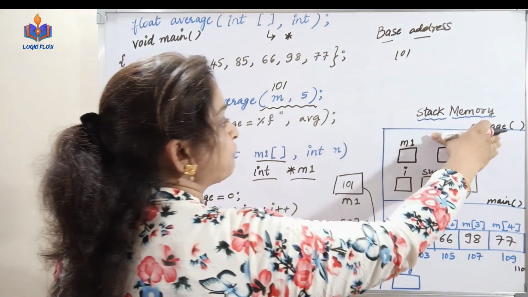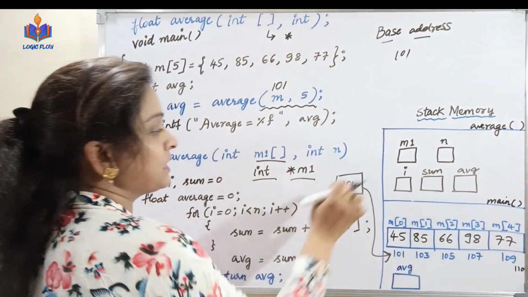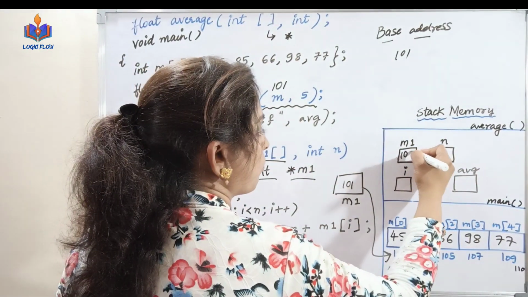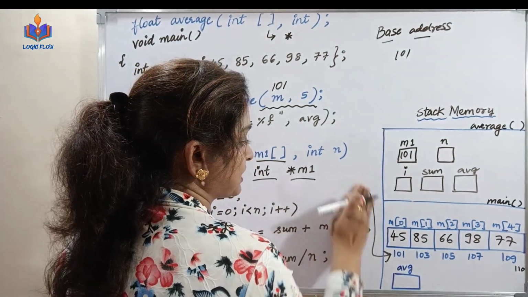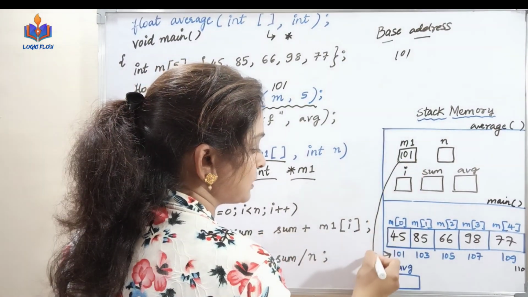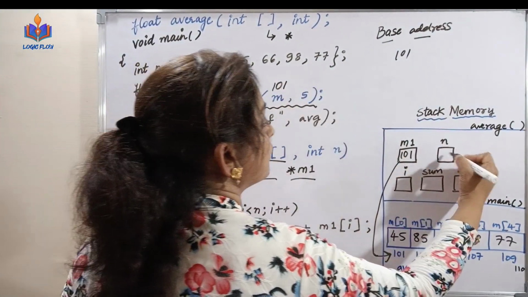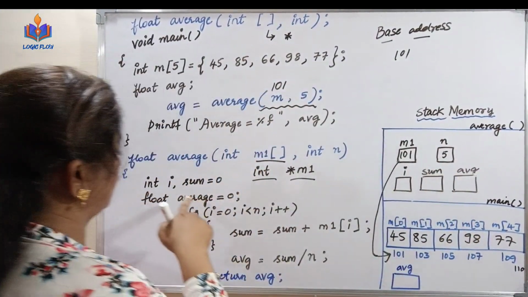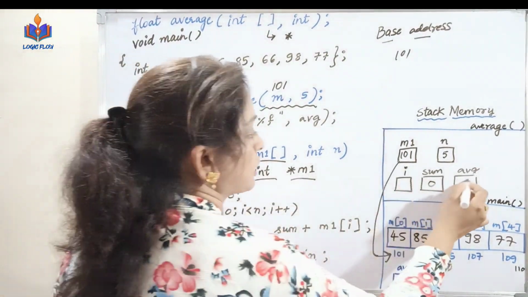For the subfunction average, we have many memory allocations. We have M1. M1 is a pointer, so it is 101, pointing to this location. Okay, 101 pointing to this location, and N is receiving the value 5. And I have sum equal to 0, initialized to 0, and average equal to 0.